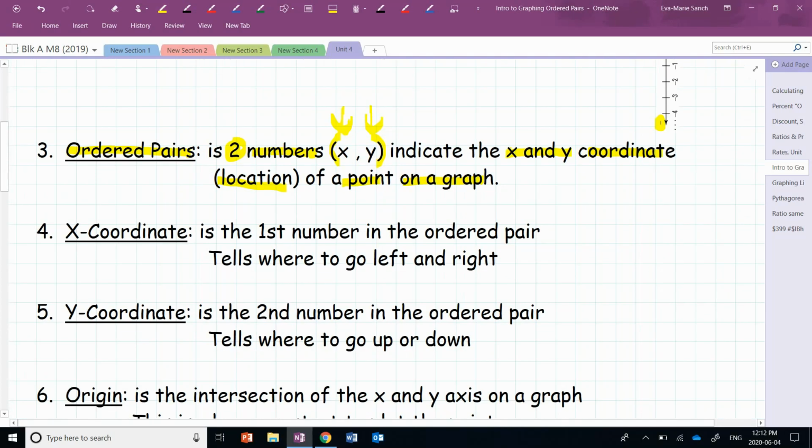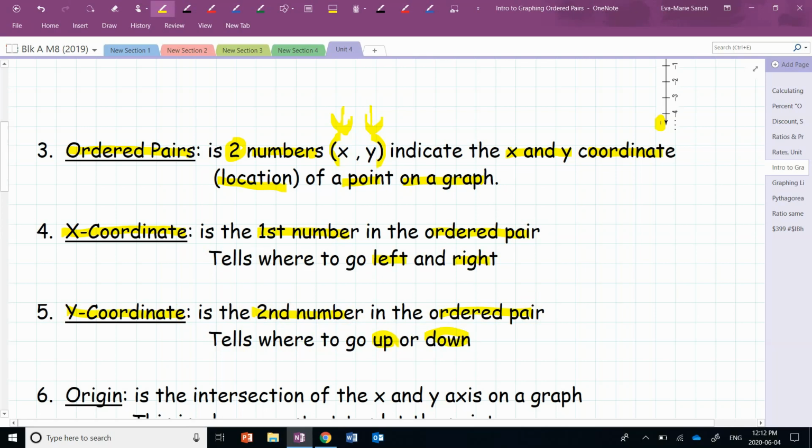Now, moving on, the first number is the x. So the x coordinate is the first number of the ordered pair. And that tells you where to go left and right. Okay? The y coordinate, that is the second number in the ordered pair, and that tells where to go up and down.